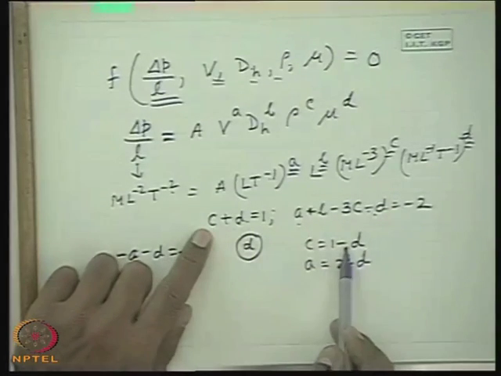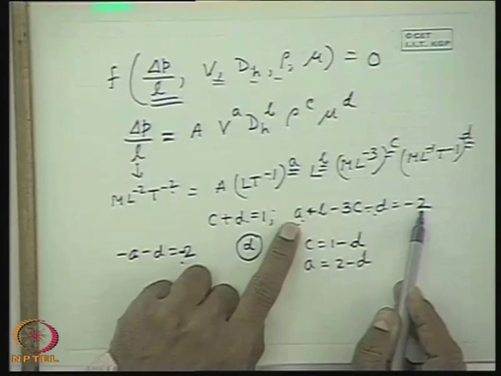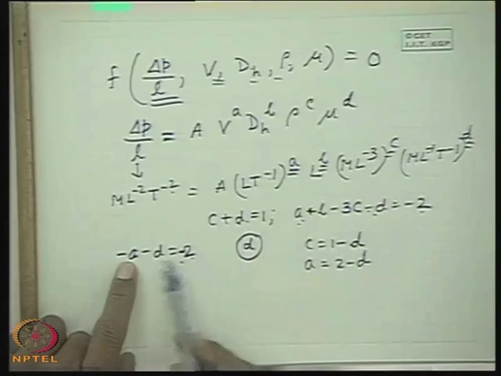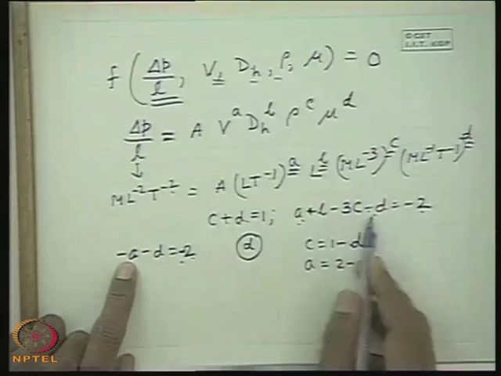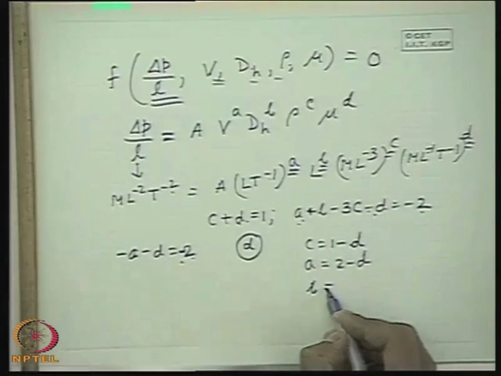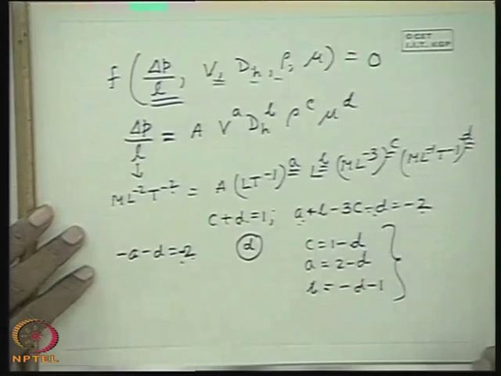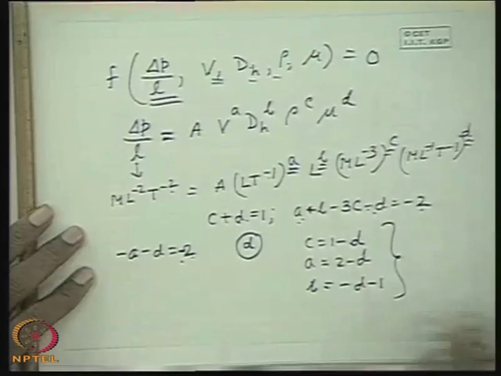Now, okay, c is equal to 1 minus d. a is equal to 2 minus d, and if you put c and d, you will get b is equal to minus d minus 1. So everything is put in terms of d.